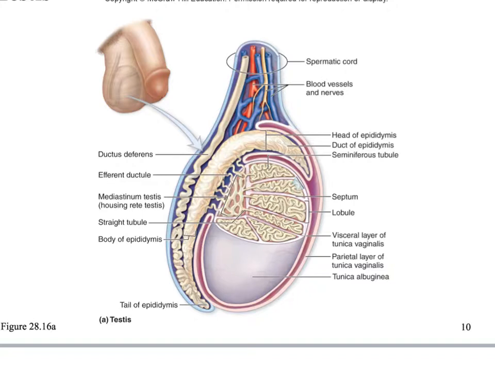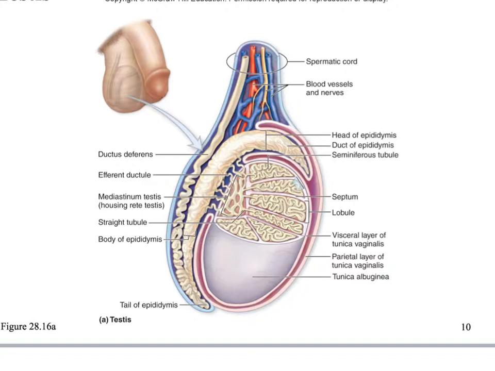All right, outside. Within the testis, there's a series of tubules, right? We call seminiferous tubules. Within those tubules is where sperm is produced. And these tubules are continuous with the epididymis, where sperm are stored until they are ejaculated from the body.